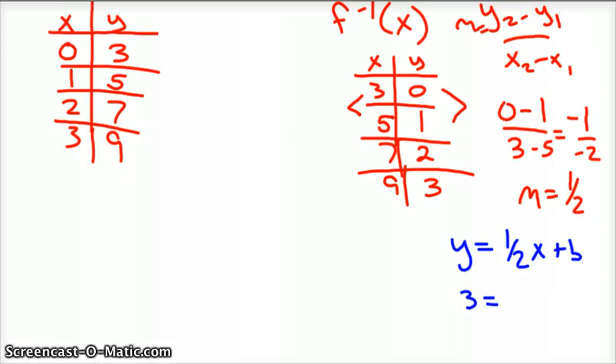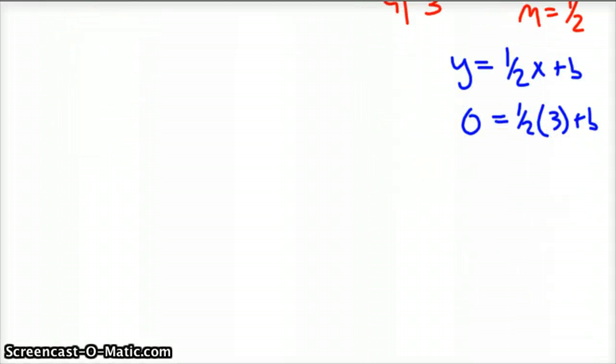So 0 equals 1/2 times 3 plus b, if you plug it in correctly. And so I would know 0 equals 3/2 plus b, so b is equal to -3/2.